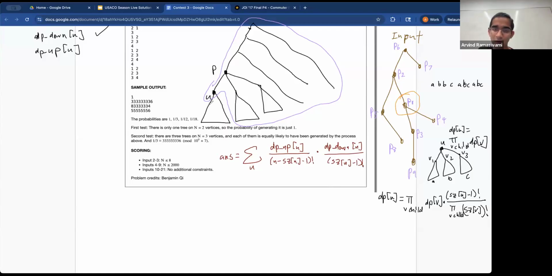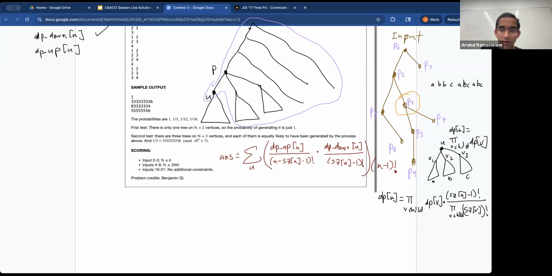And since we divided the sizes of everything, we need to multiply back the size of the whole thing. So it's going to be times n minus 1 factorial, right? So if you've calculated dp up and dp down, then the answer is going to have this form.